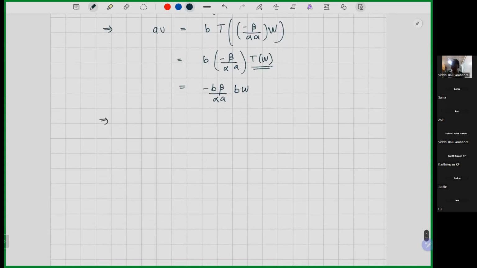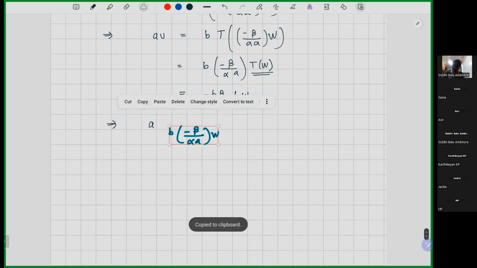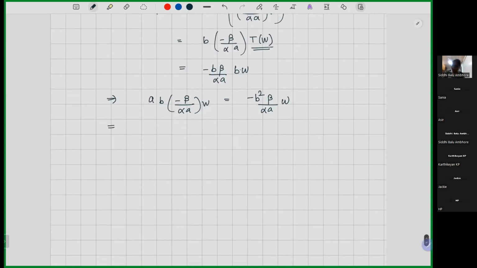So Av I can again write with the value of this v here. This is v, and this is what I have here: minus B square beta by alpha A w. And if I cancel this term here and here, I will get A is equal to B, right? w is non-zero, and this whole thing I can cancel out, assuming they are non-zero.